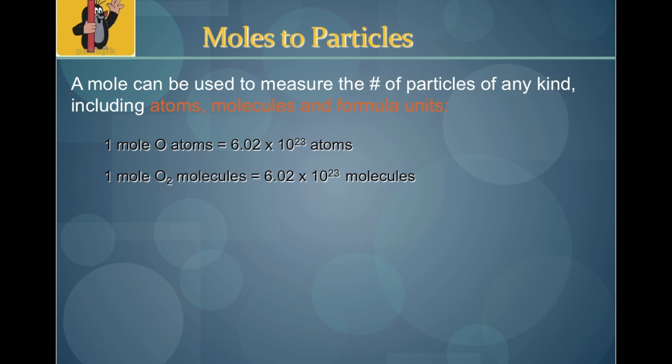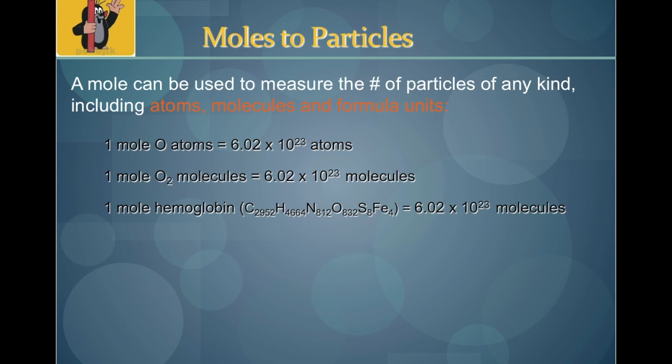So that's atoms. We can also use a mole to describe the number of molecules. 1 mole of oxygen molecules is 6.02 times 10 to the 23rd molecules. We could have 1 mole of hemoglobin, which is a protein that carries oxygen in the blood. This is the chemical formula for hemoglobin. It's huge.